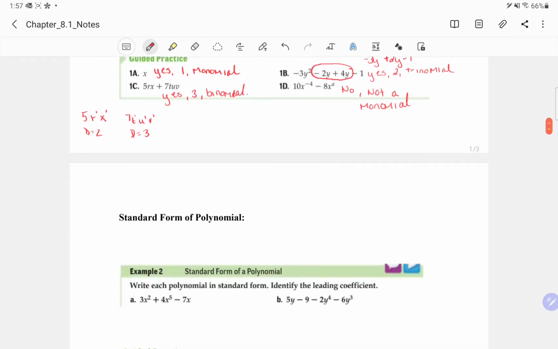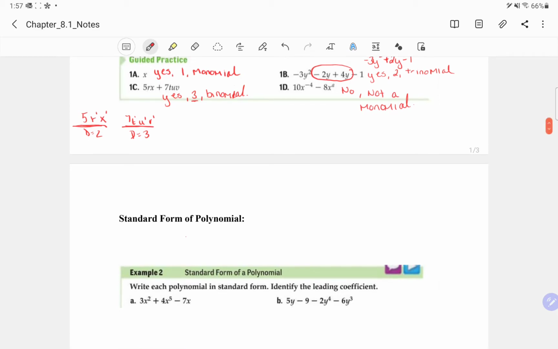For 1c, you need to have that this is a polynomial. The biggest degree is 3. I found that by taking each monomial within it. The degree of this one is 1 plus 1, which is 2. The degree of the second one is 1 plus 1 plus 1, which was 3. So the degree of this would be 3.